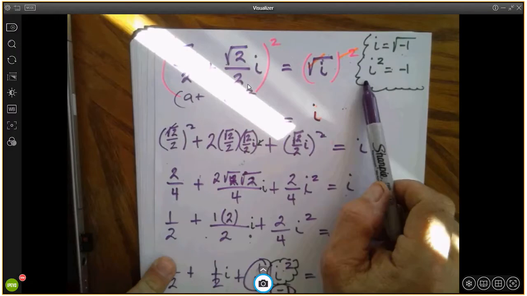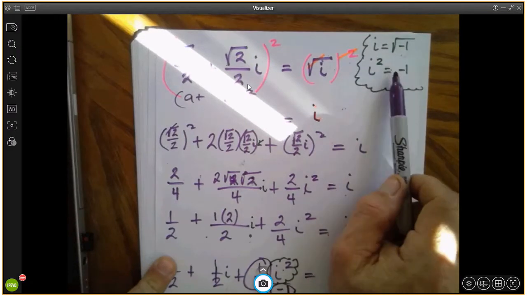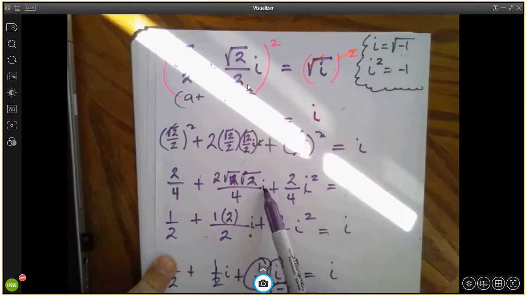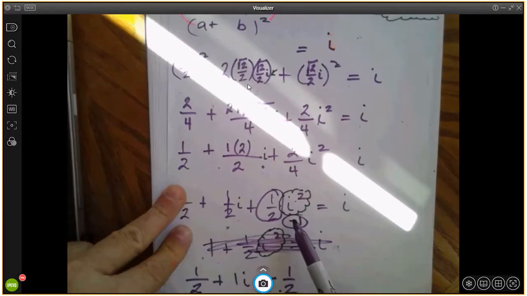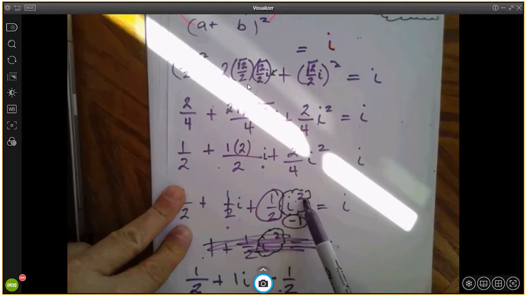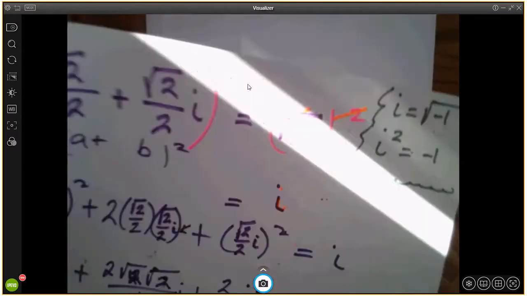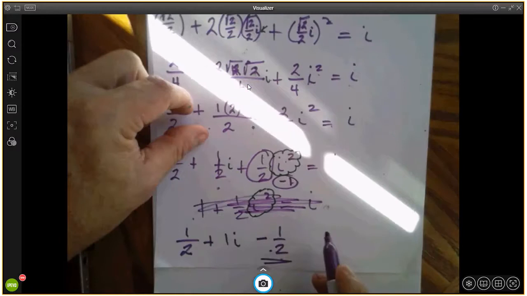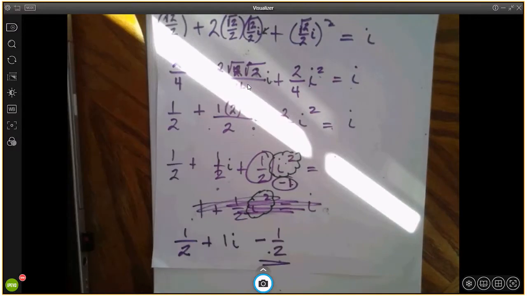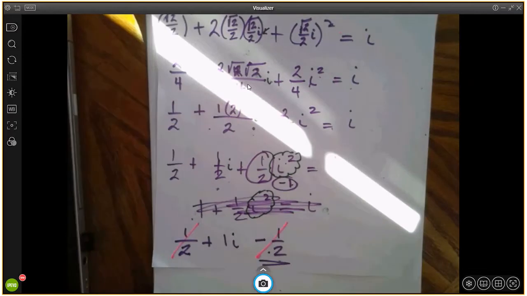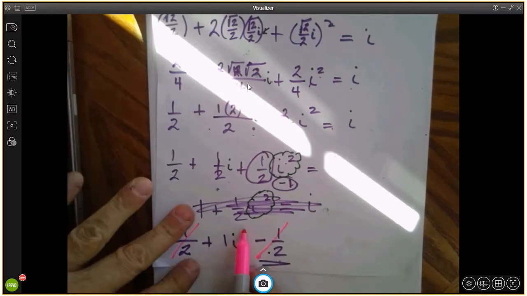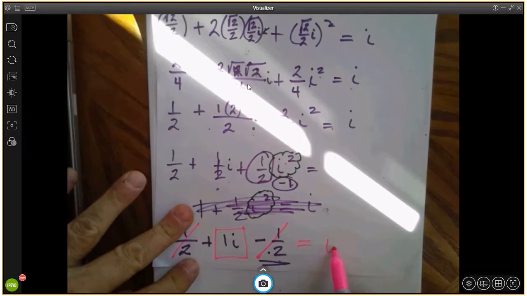I dropped my I right here, which messed up everything, and that I squared is -1. -1 times 1/2 is -1/2, and I'm going to use a pink pen. The 1/2 and the -1/2 cancel, and you're left with I is equal to I.